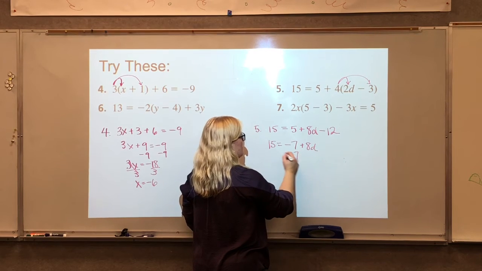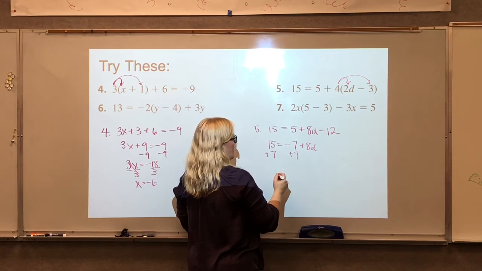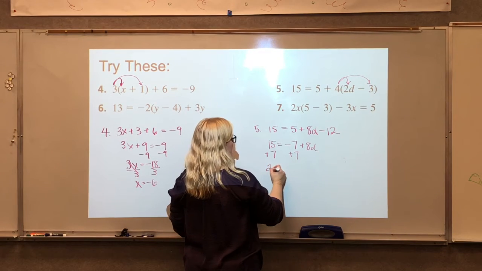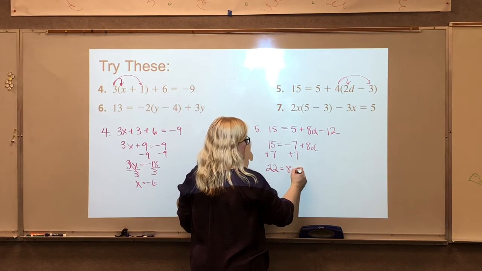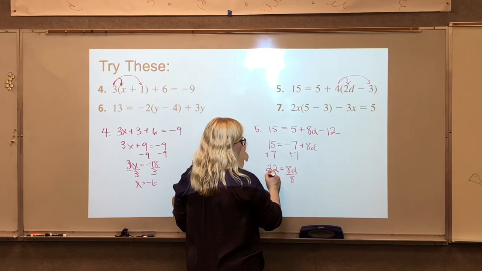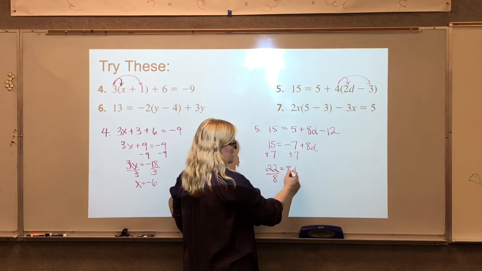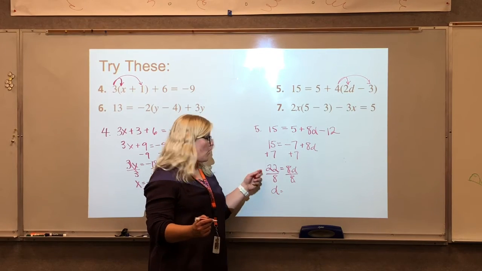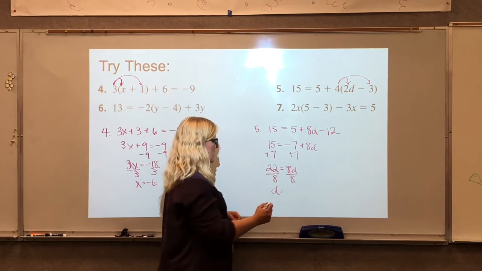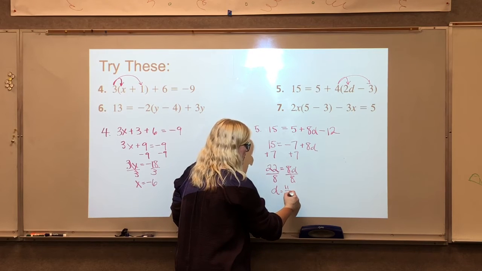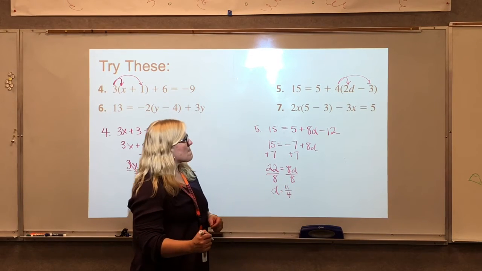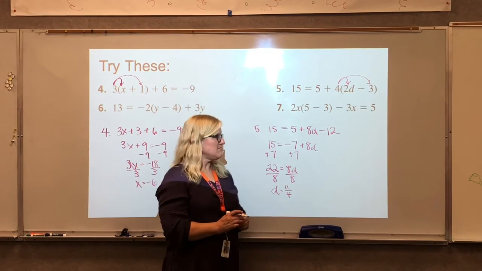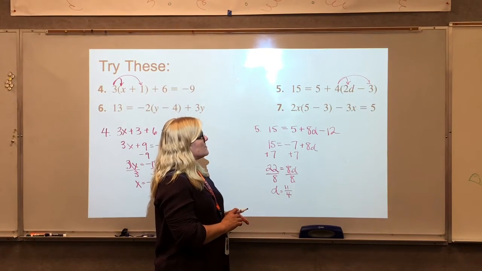Now I add 7 to both sides, and I get 15, 16, 17, 18, 19, 22. Sometimes I have to count on my fingers. And I get 22 over 8. And when I simplify that, I can divide both of these by 2. I get 11 over 4. I hope that's right. If it's not, you'll have to tell me. Maybe I made a mistake.